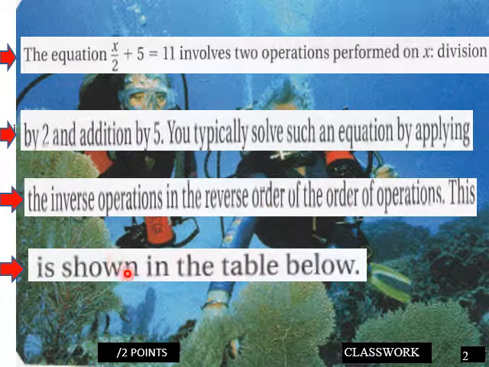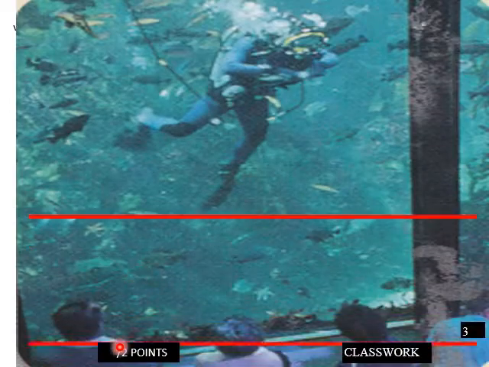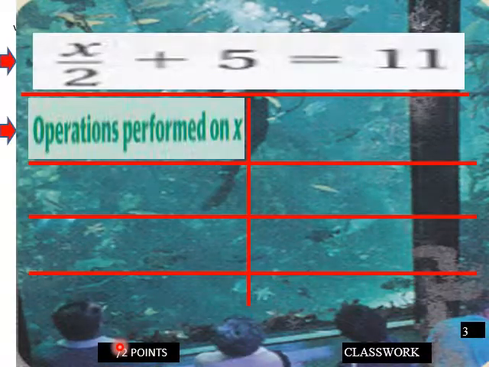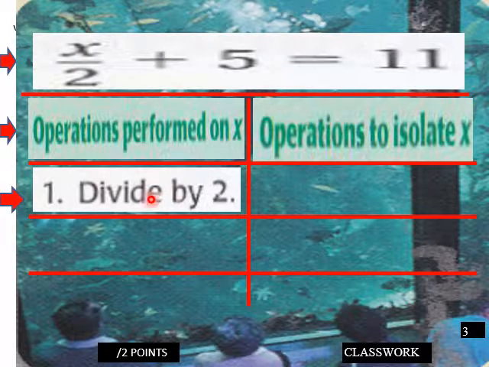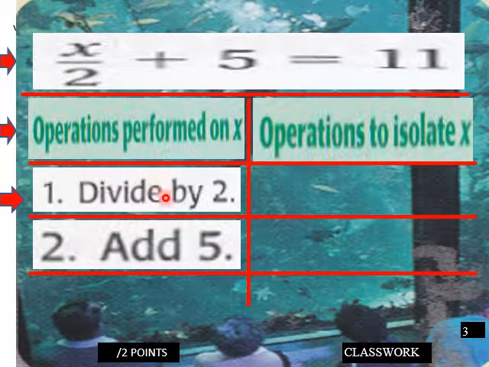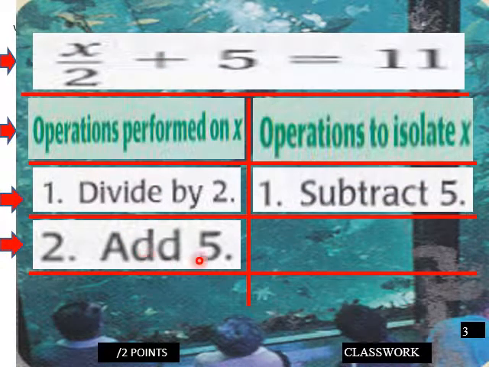This is shown below. So we have a table here. x over 2 plus 5 equals 11. Operations performed on x: we divide by 2 to get rid of our denominator, and then we add 5. So subtract 5 to get rid of the addition.